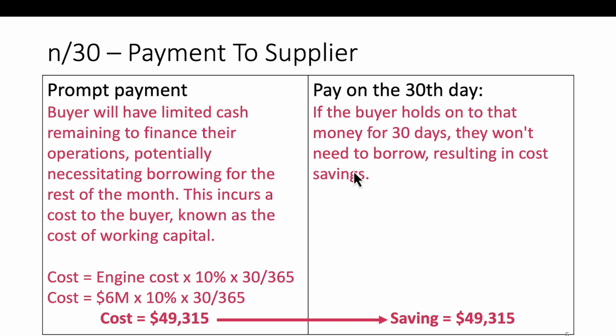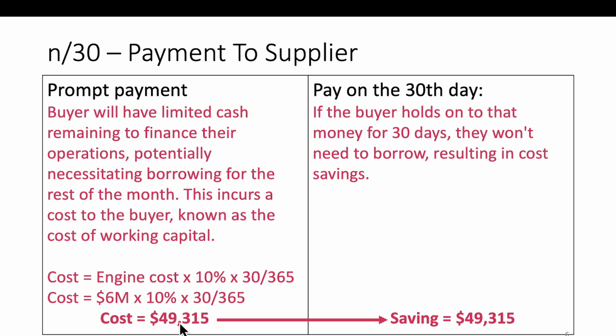However, on the other hand, if the buyer holds on to that money for 30 days, then they won't need cash, then they won't need to borrow money. In that case, this cost becomes their saving. So if the company goes for this option, which means immediate payment, that will be the cost of capital. However, if the company goes for this option, which means paying on the 30th day, they will be saving on this one.